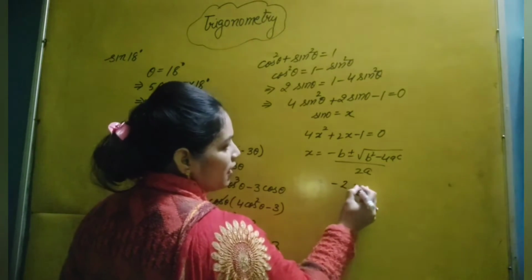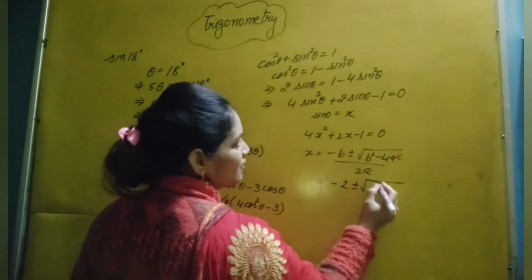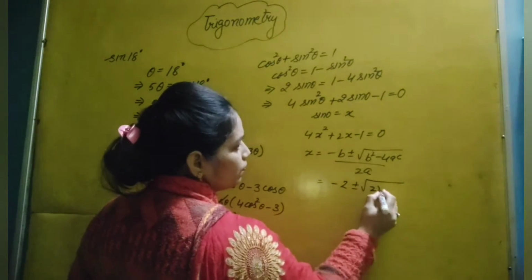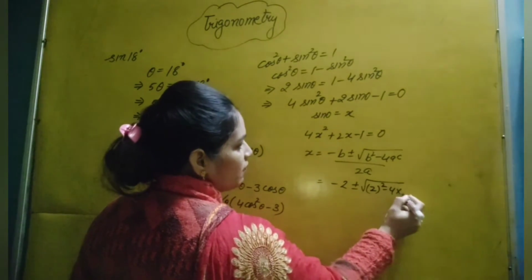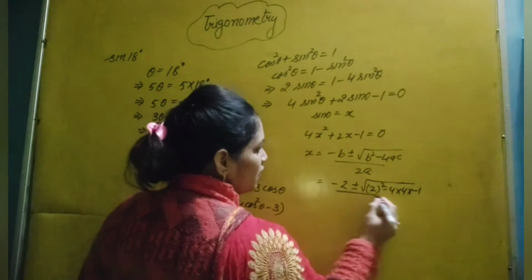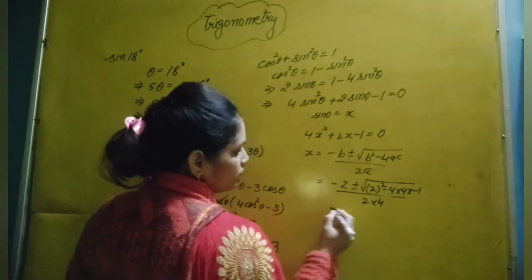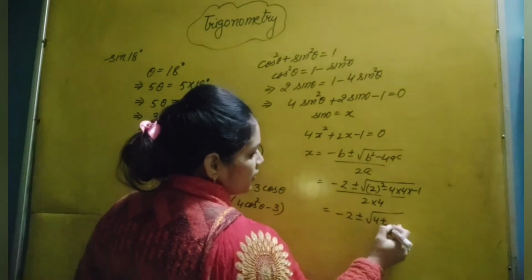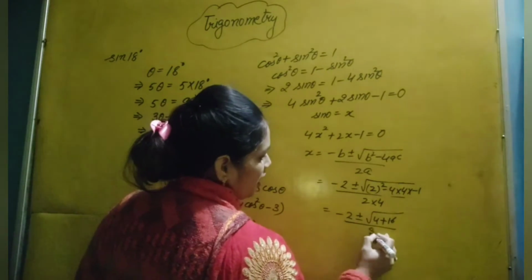So it becomes minus 2 plus minus under the root of 2 square, at the place of a 4 and at the place of c minus 1. In the denominator 2 into 4. Minus 2 plus minus under the root 4 plus 16, divided by 8.